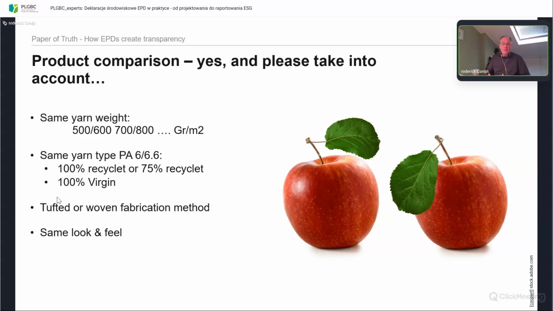But also look at what type of yarn it is. Is it a PA6 or a PA66? Is it 100% recycled yarn, or does it have 75% recycled content or 40% recycled content? Or is it 100% virgin yarn? Is it a tufted product or a woven product, and of course, does it have the same look and feel? But I will give you an example of an apple-to-apple comparison a little bit later on.